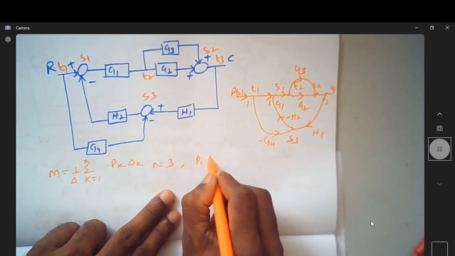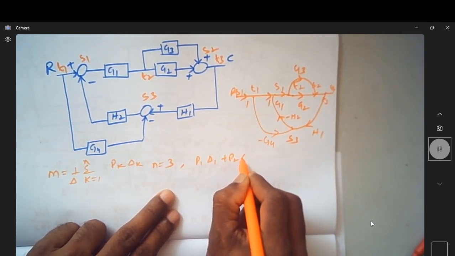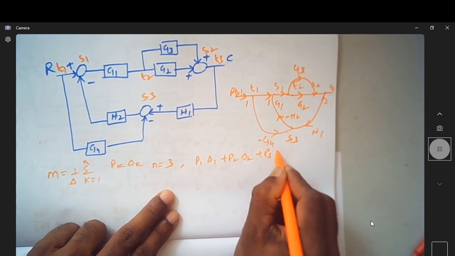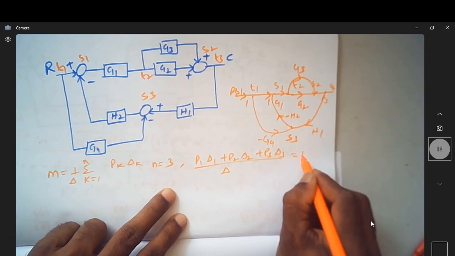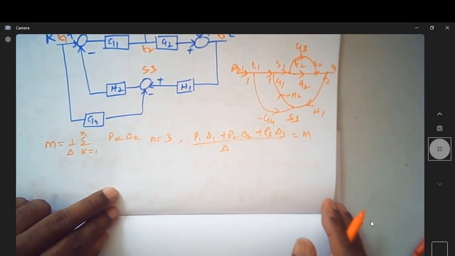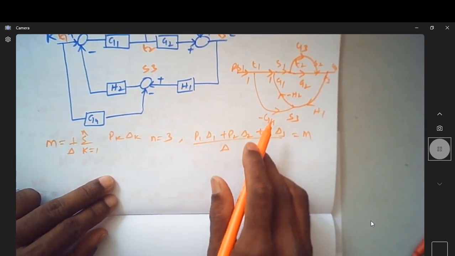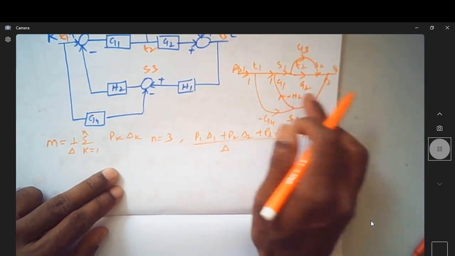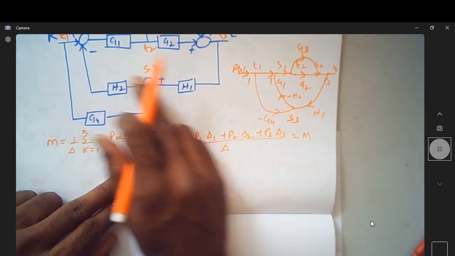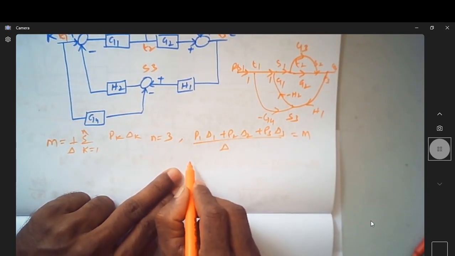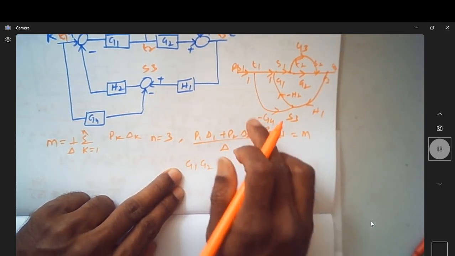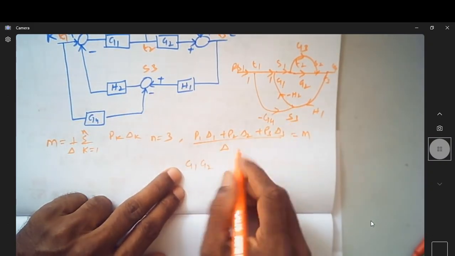It is P1 delta 1 plus P2 delta 2 plus P3 delta 3, divided by delta, my expression for Mason's gain. Can we write P1, P2, P3 directly? What is P1? Starting from here going to here, is it not G1, G2?